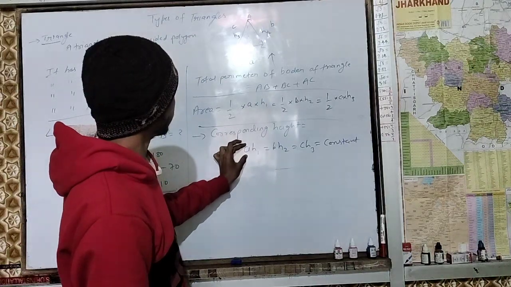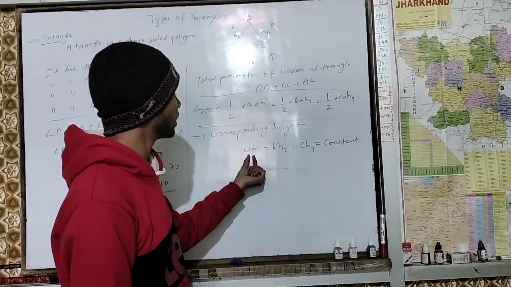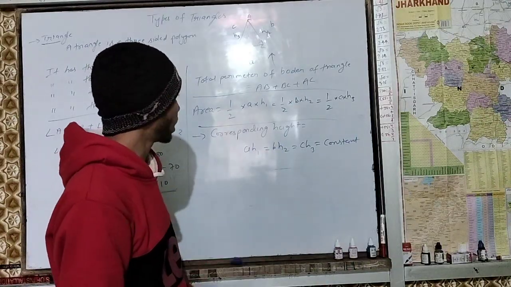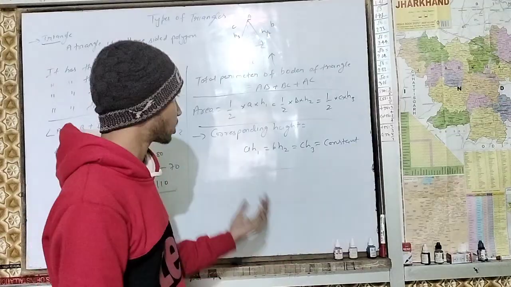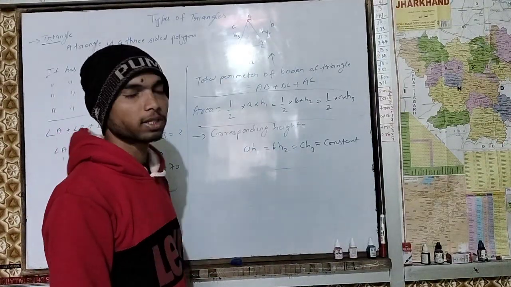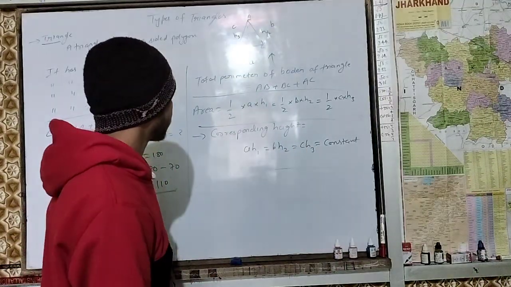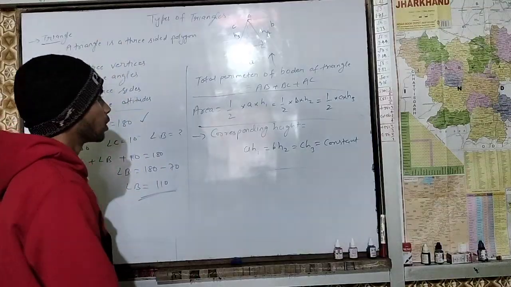Whatever will be the value of A into H1, this will be equal to B into H2. Means let's say A was 5 and H1 is 6, it will become 30. So the value of this will also be 30, the value of this will also be 30. That's why we are calling it a constant. They are not changing.